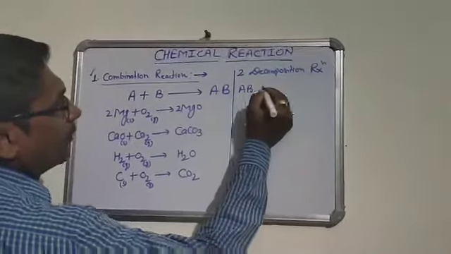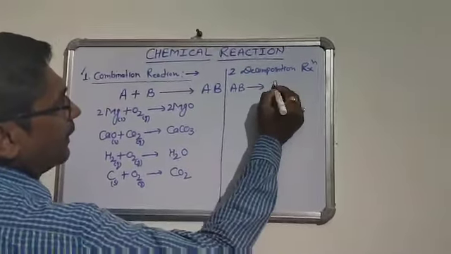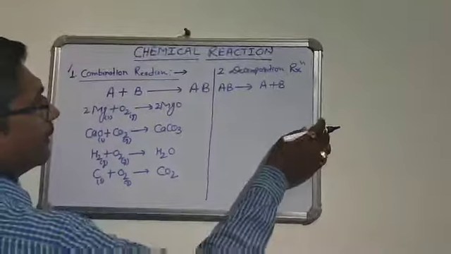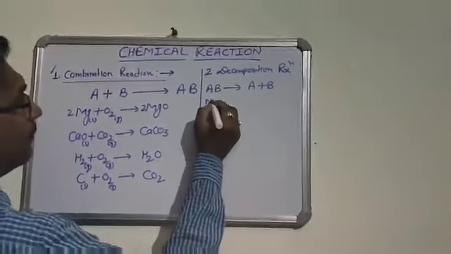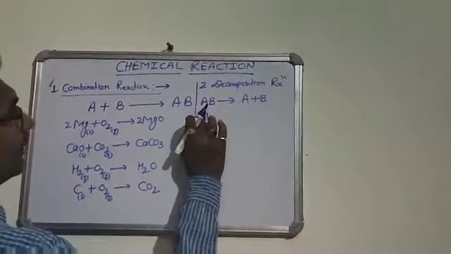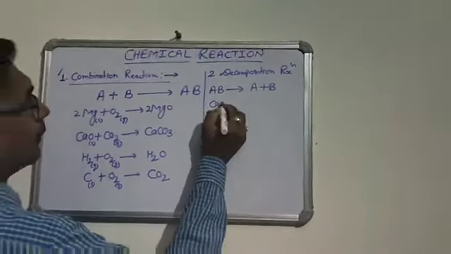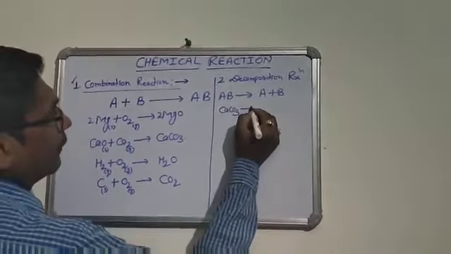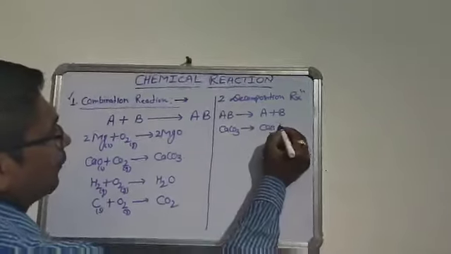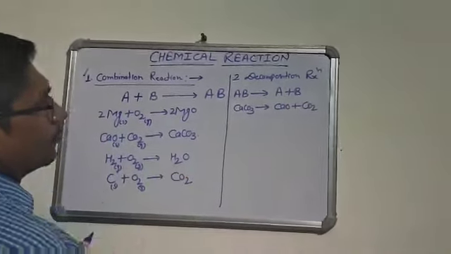Suppose the format of the decomposition reaction is AB gives A plus B. For example, CaCO3 is converted into CaO plus CO2.